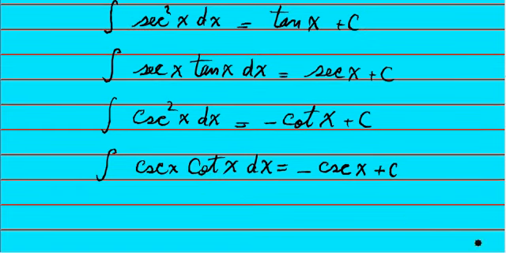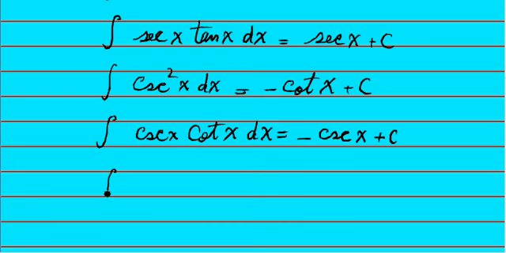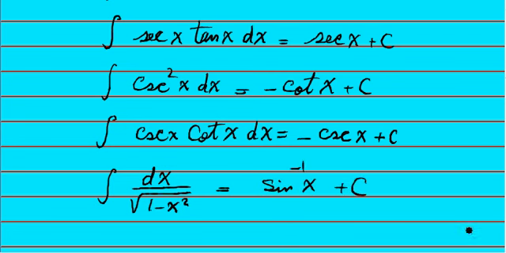What else? We had inverse trig functions that gave birth to lots of interesting formulas. One of them is just this, dx over radical 1 minus x squared. What's the function that if I differentiate, I'm going to get this quantity? And that is, of course, sine inverse of x plus a constant.